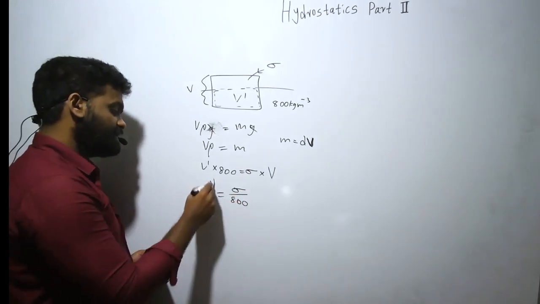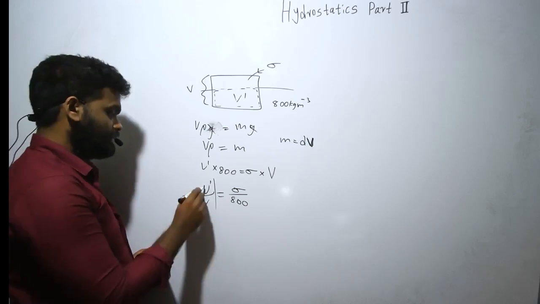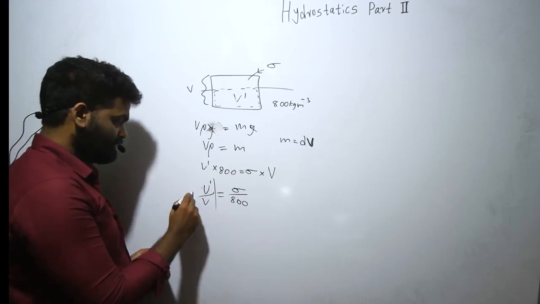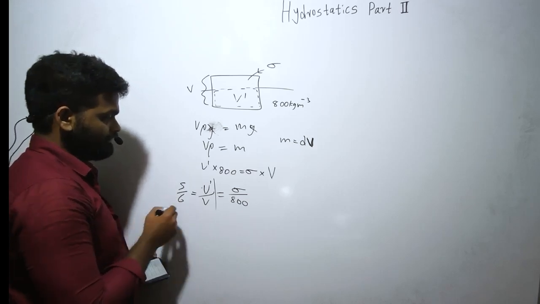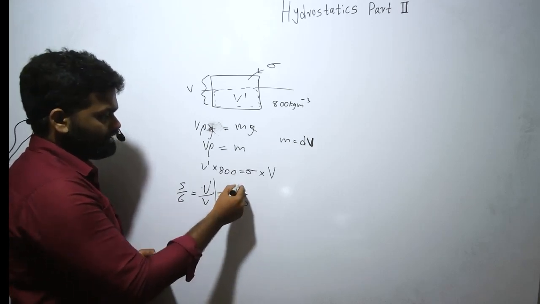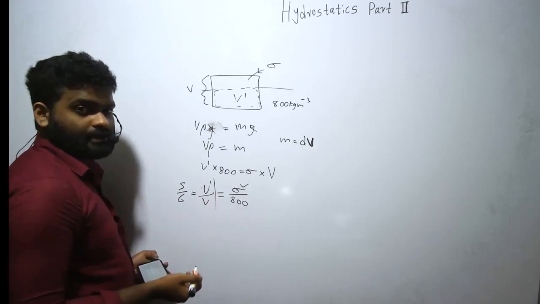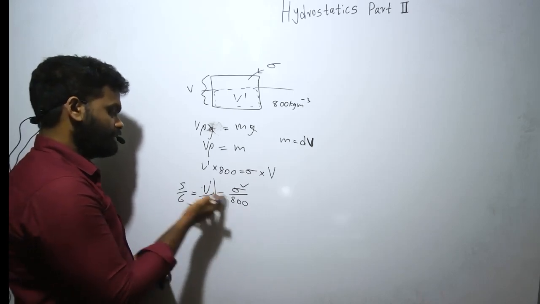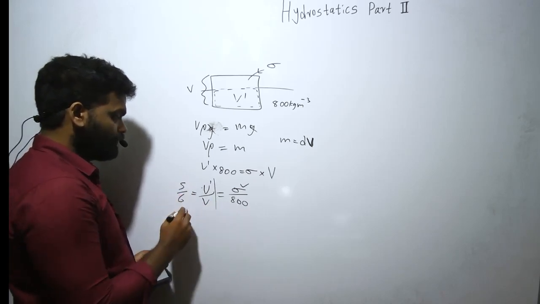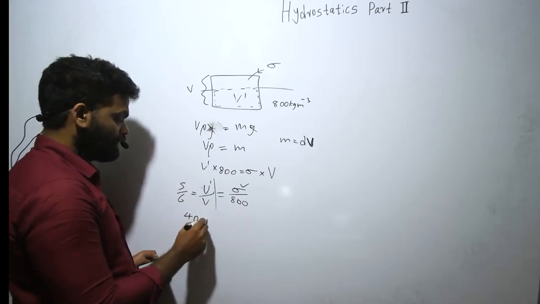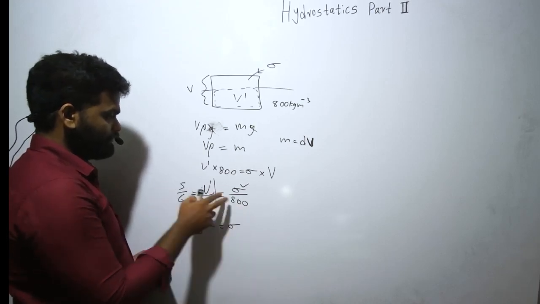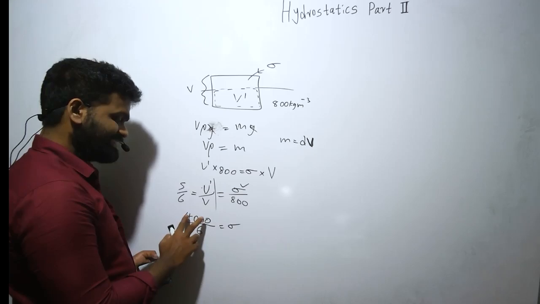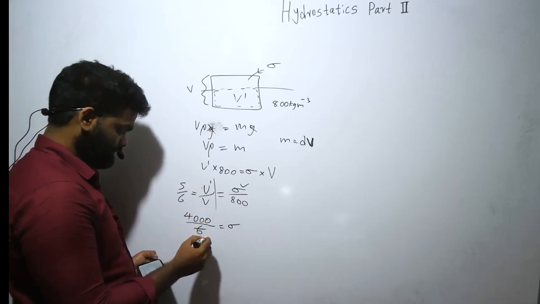So the fraction immersed is given. So this is v dash divided by v, it is given as 5/6, right? Now the only unknown is sigma, then you can find that. So what do you have to do? 800 times 5, 4,000 divided by 6. 40 times 100, 4,000 divided by 6.